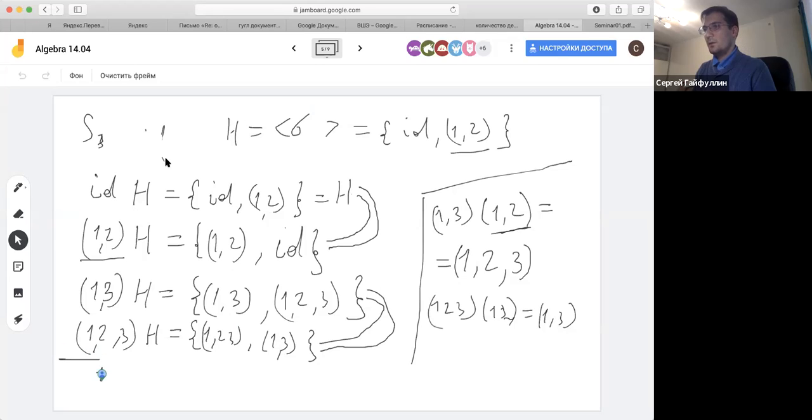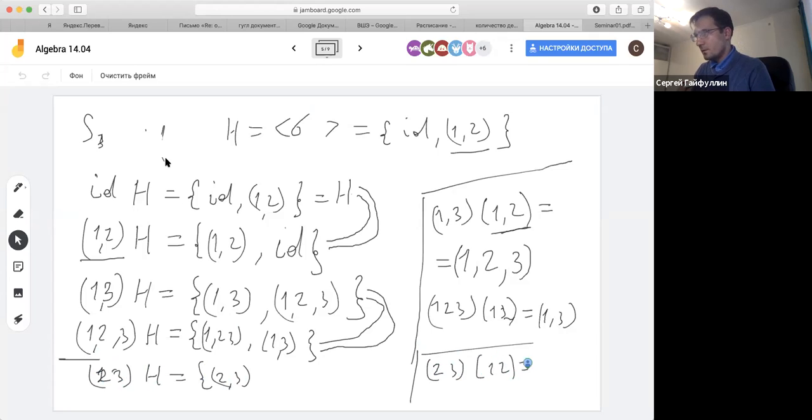2, 3 multiplied by H equals 2, 3, of course. And I need some multiplication. 2, 3 multiplied by 1, 2. It is equal to, let me see, 1 goes to 2 and 2 goes to 3. So 1 goes to 3. 3 stays here and then it goes to 2.